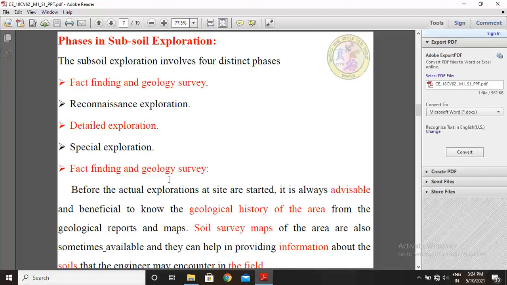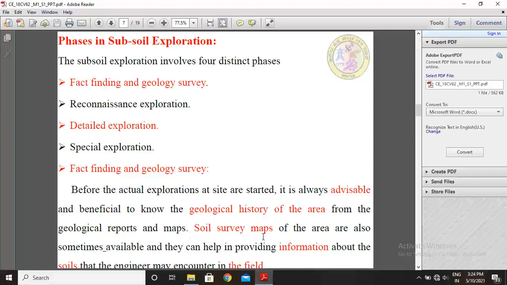Let us see the first phase, fact finding and geological survey. Before the actual explorations at the site are started, it is always advisable and beneficial to know the geological history of the area from the geological reports and maps.